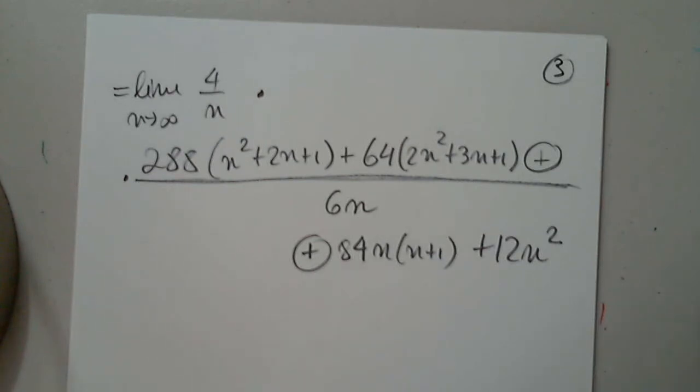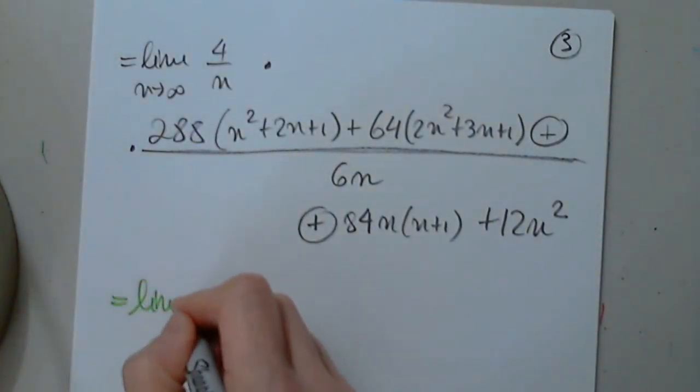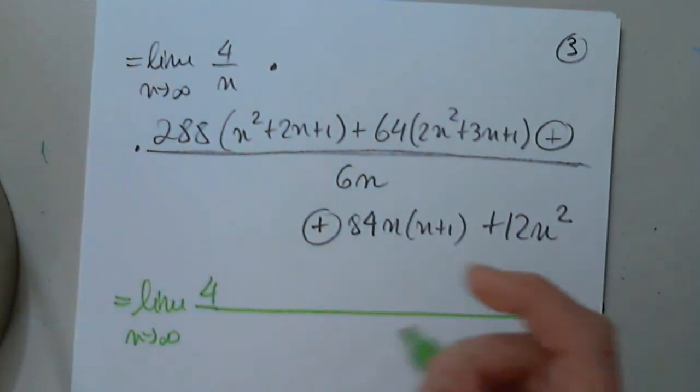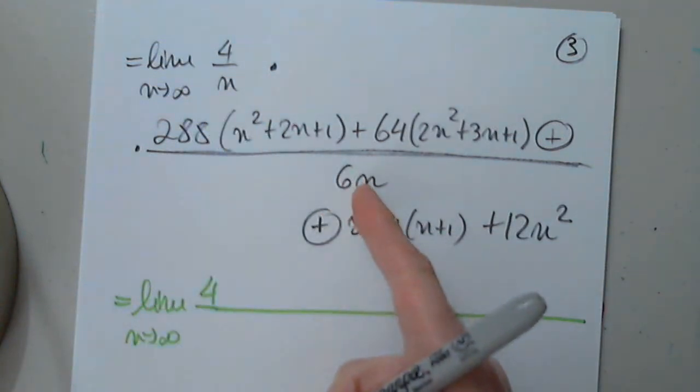Almost there. So then equals limit as n approaches infinity 4 over 6n squared.